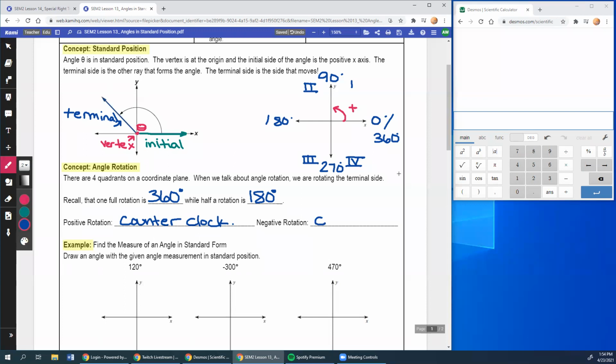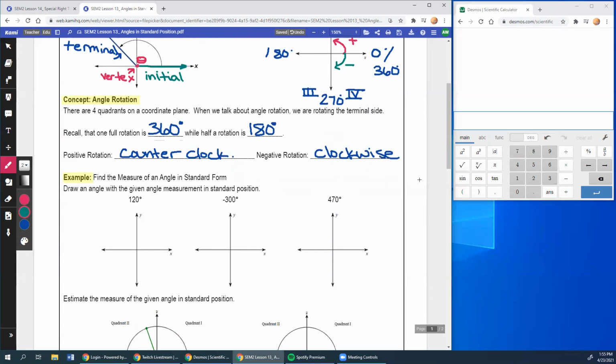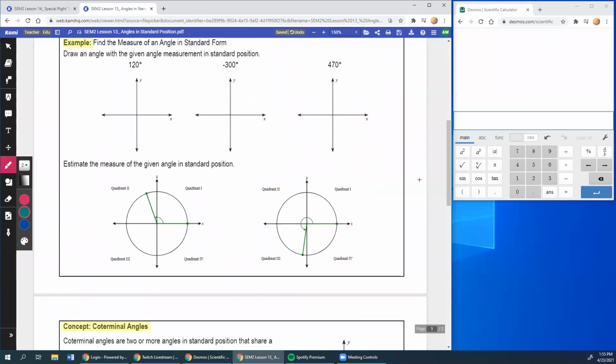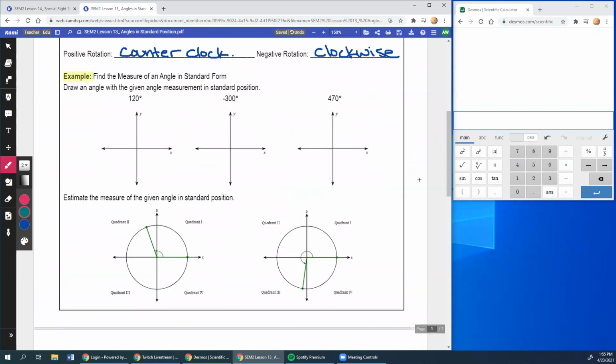And a negative rotation is clockwise. We still start at the same spot, but now we go clockwise for a negative rotation. You guys will have to use this information about angle rotation to estimate. That's what we're going to do for these next few examples.